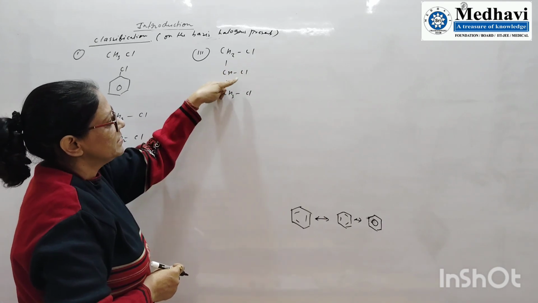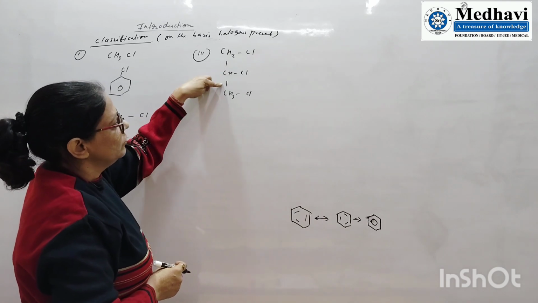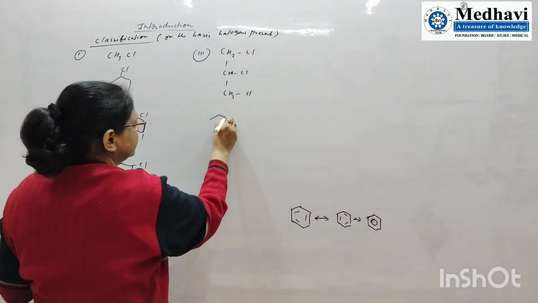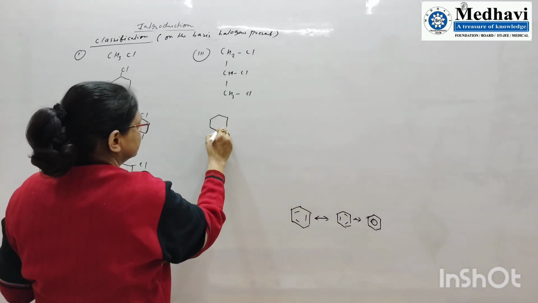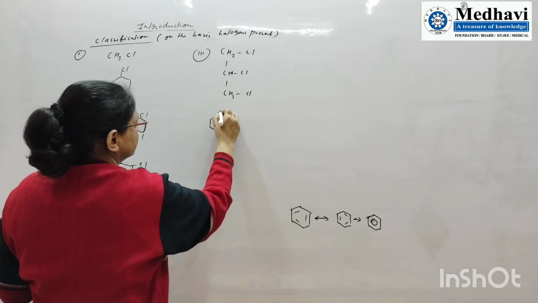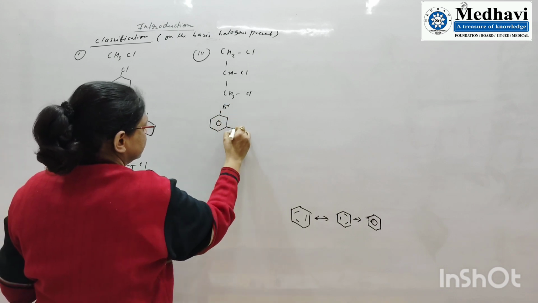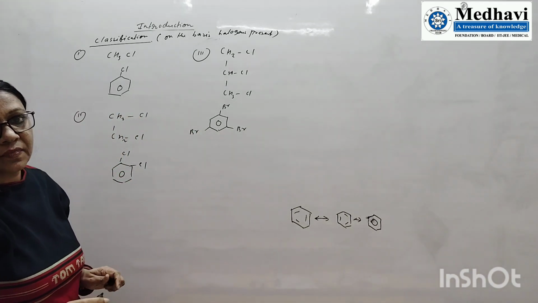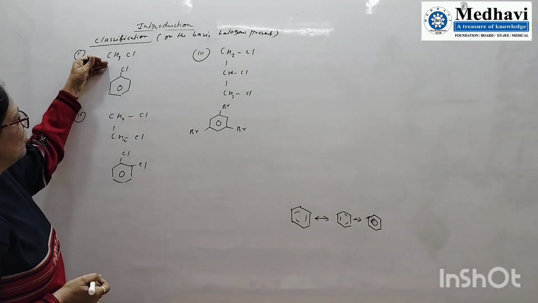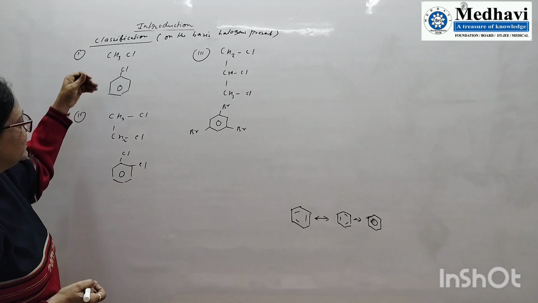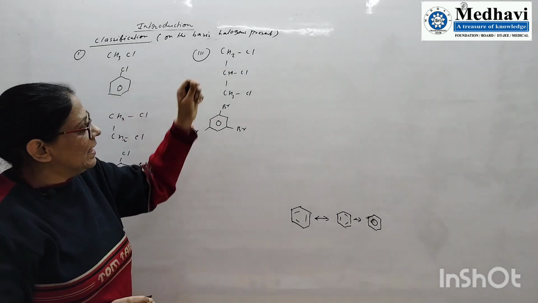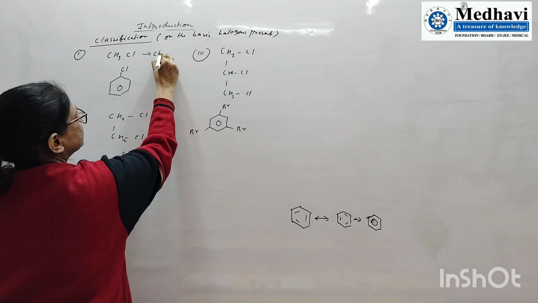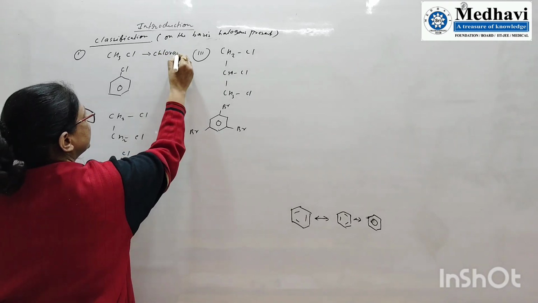You just remember tetravalency should not be disturbed. 1, 2, 3 and one hydrogen is 4. So this is a monohalogen product, dihalogen, trihalogen. We can write its name as chloromethane.